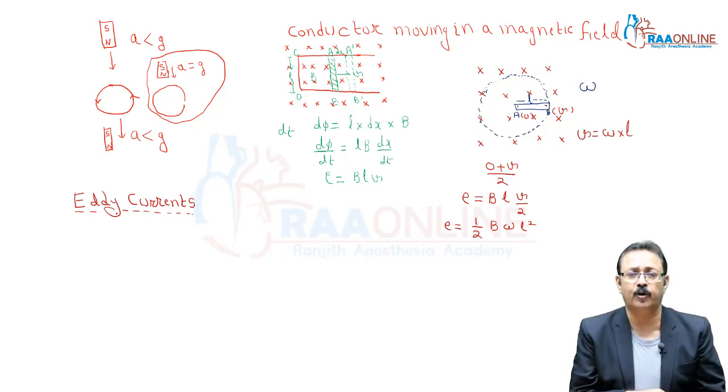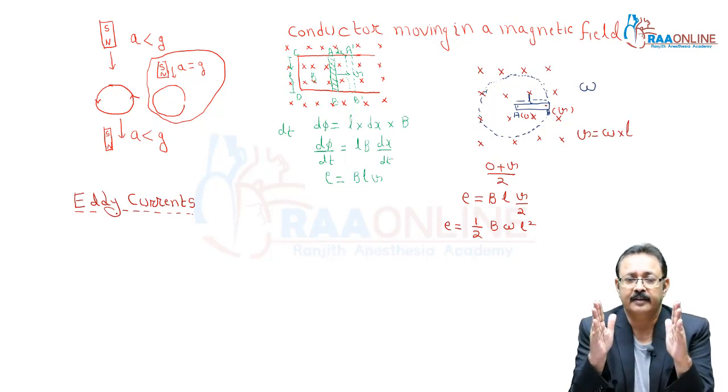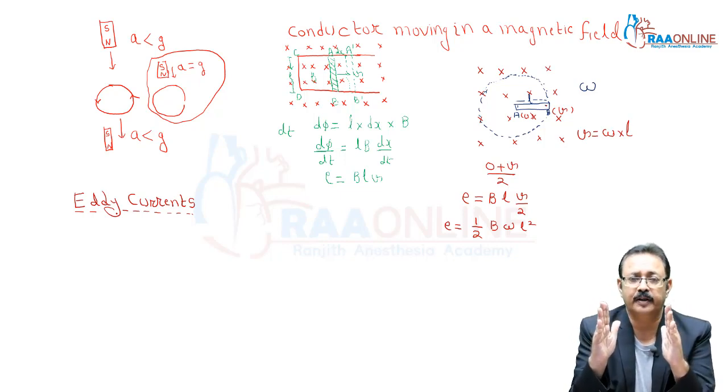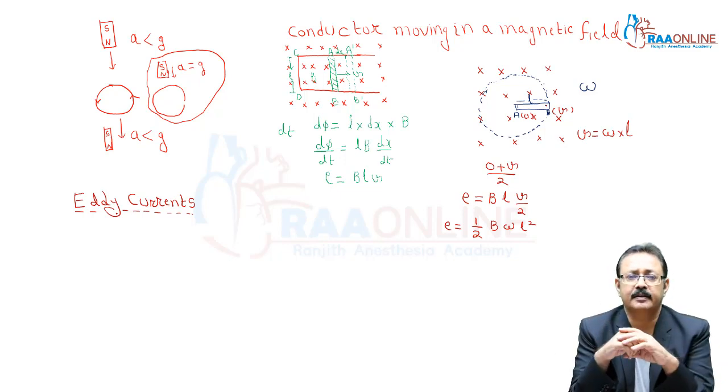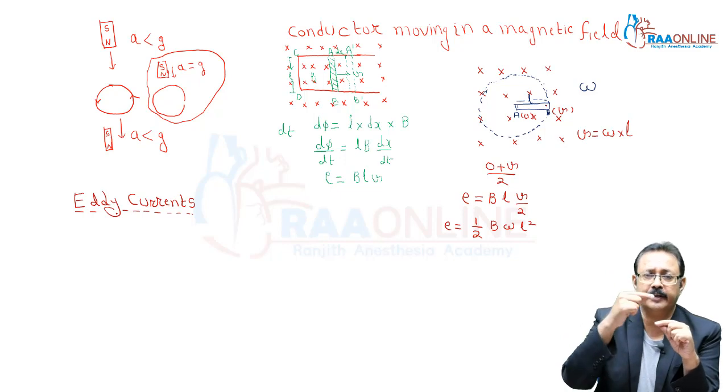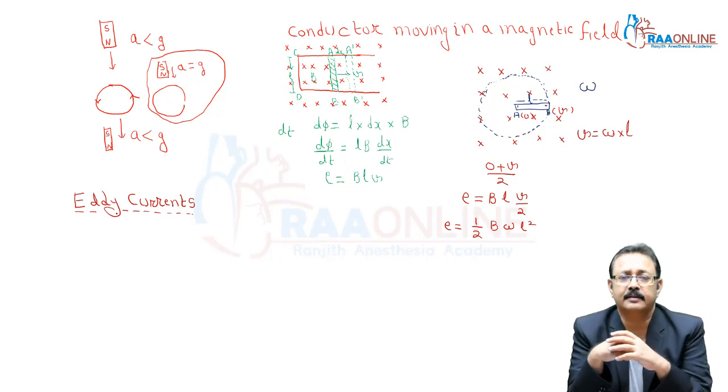Since a transformer is based on the induced currents concept, there are also eddy currents. When we are making the transformer, we use metallic frames on which we wind the coils.